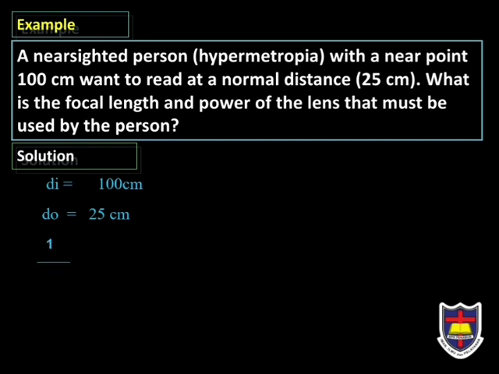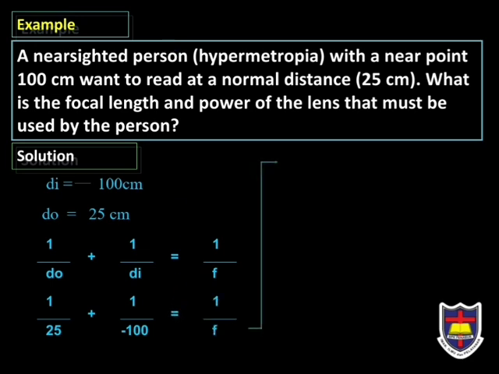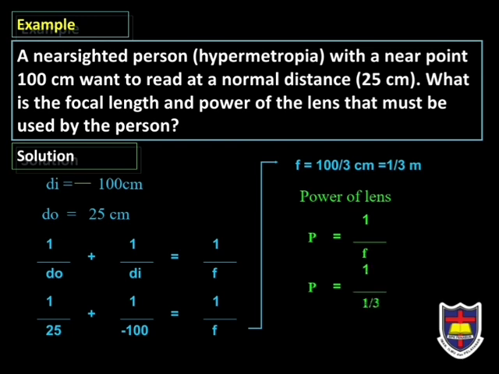With the general formula 1 over DO plus 1 over DI equals 1 over F, so 1 over 25 plus 1 over minus 100 equals 1 over F. So the answer is F equals 100 over 3 cm or 1 over 3 meter. So the power of lens is P equals 1 over F, or P equals 1 over 1 over 3, or the answer is 3 diopter.